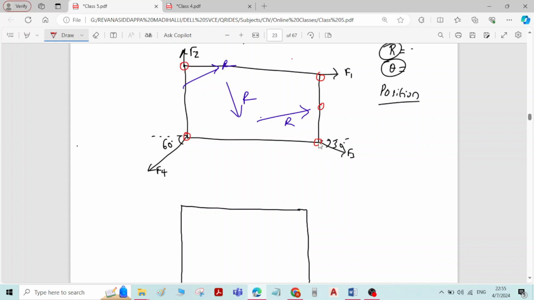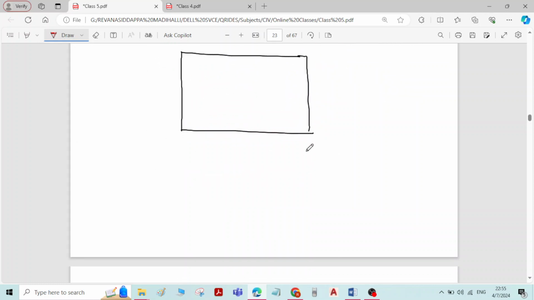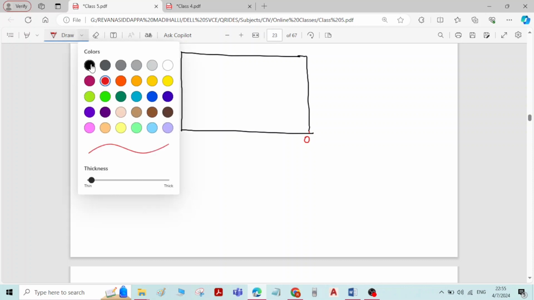With respect to that reference point, we will predict the position of the resultant force. Assume that this is the point O. With respect to this point, the position of the resultant force is to be determined.